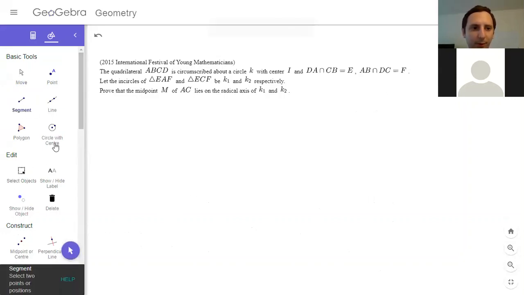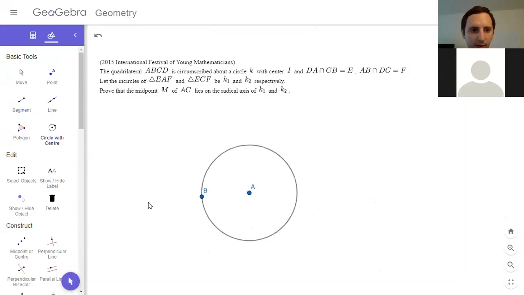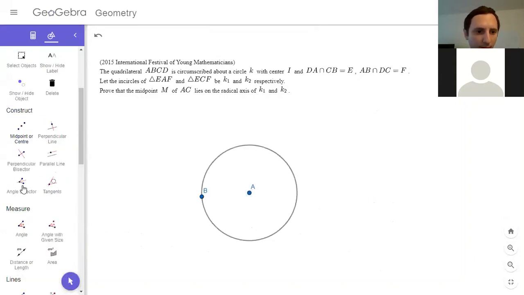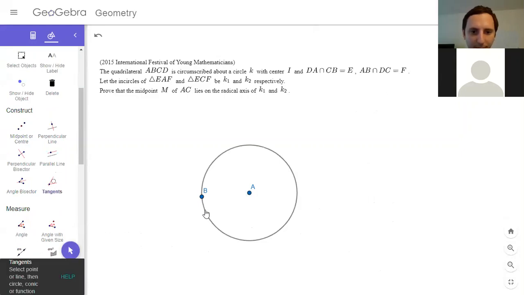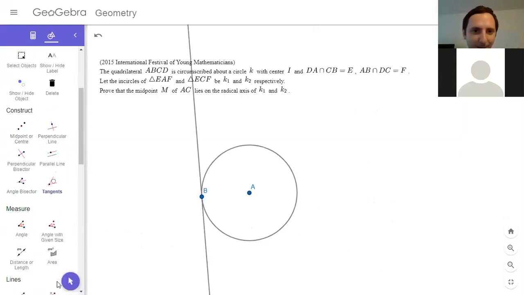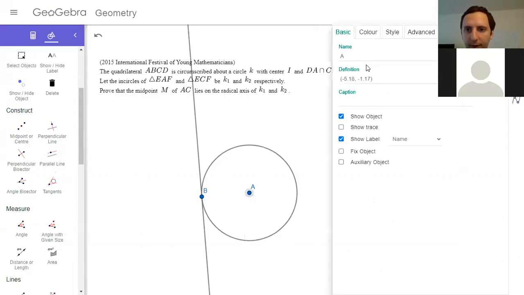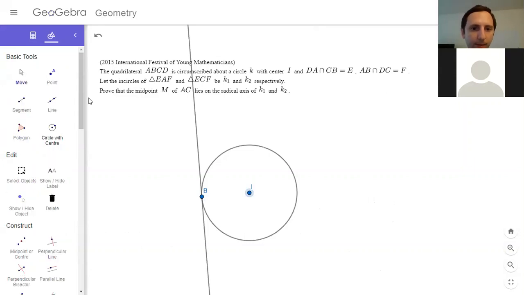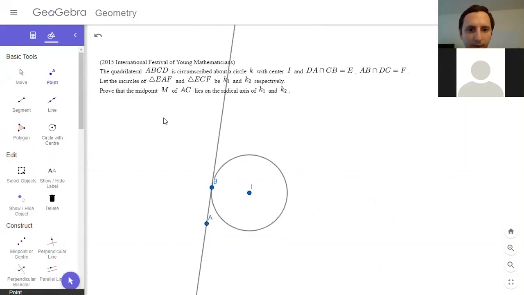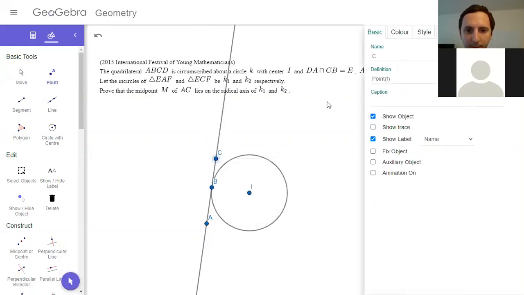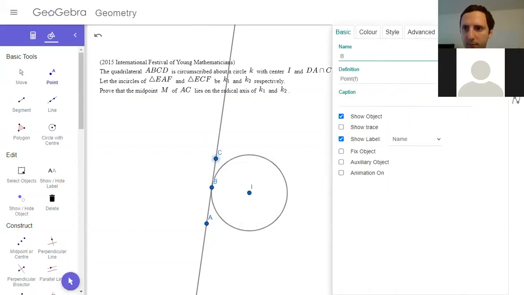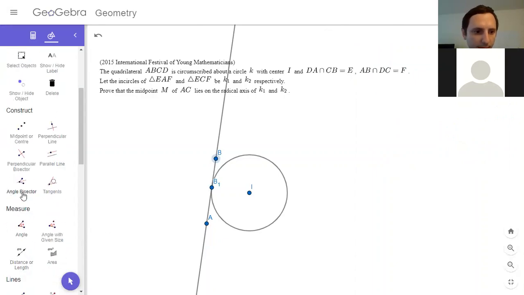So we have a circumscribed quadrilateral. Just trying to draw this as fast as possible. So they're saying the center's I. We want this to be point B. All right.